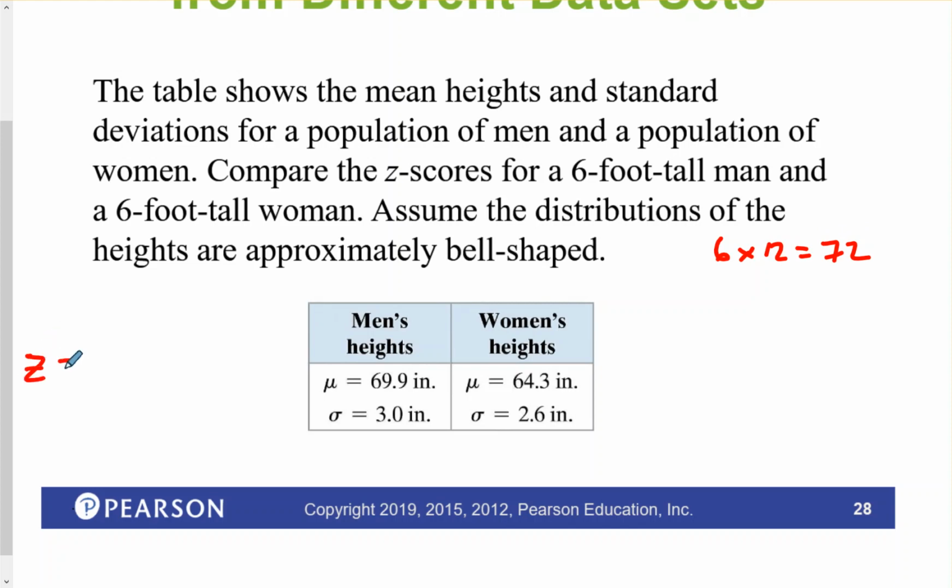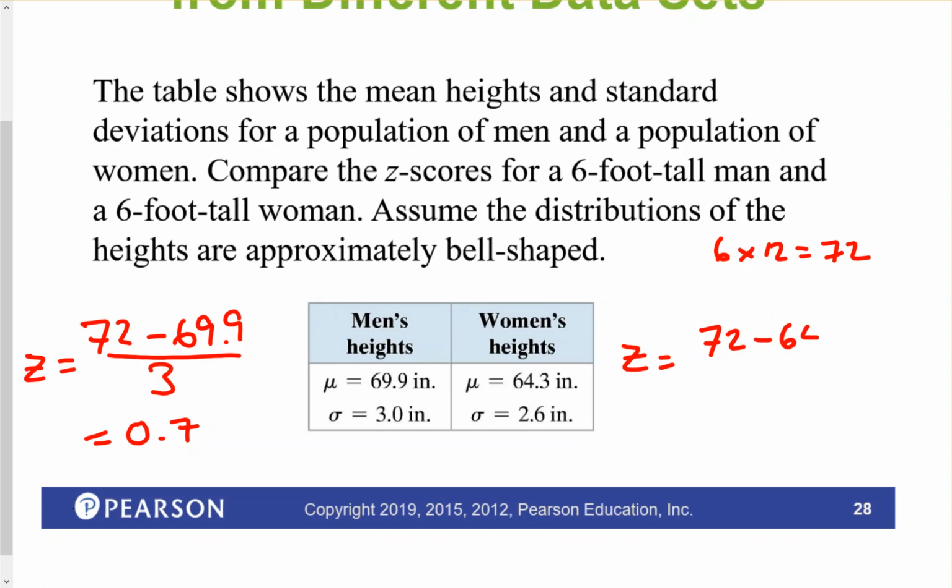Let's say z equals 72 minus 69.9 over 3. This would be about 0.7. And then for the woman, z equals 72 minus 64.3 over 2.6, and this would be about 3.0.